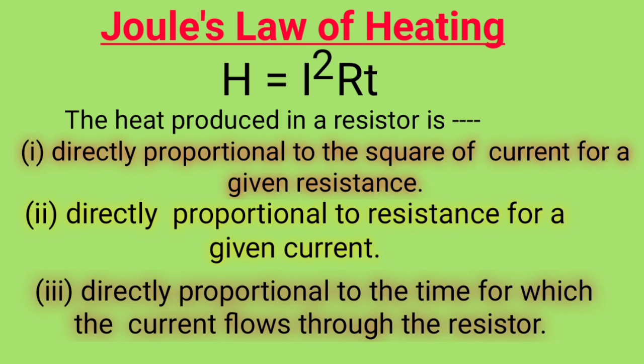And similar is the case with time. If you increase the time 3 times, then the heat produced will also get 3 times. So this is what is called Joule's law of heating. It's very important, so remember it. And you know the SI unit of heat is the same as the SI unit of energy or work, that is joule.